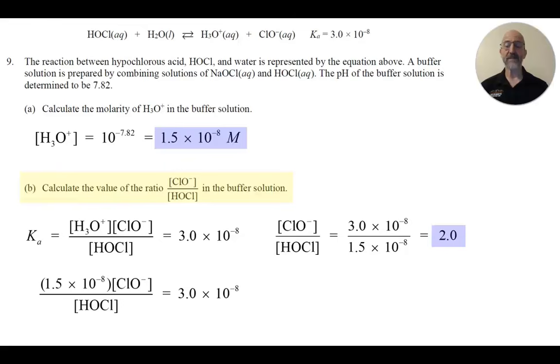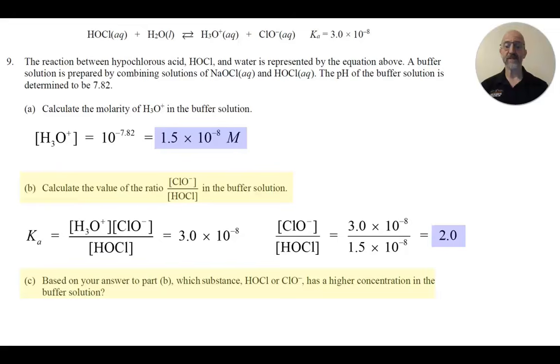And now we are ready to answer part C, since we have already answered part B. So it says in part C, based on your answer to part B, which substance, the HOCl or the ClO-, has a higher concentration in the buffer solution? Well, since this ratio is greater than 1, that means that the concentration of ClO- should have the higher concentration.